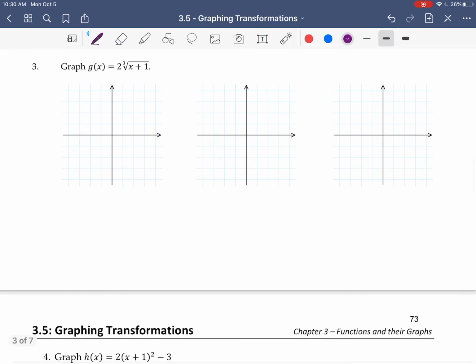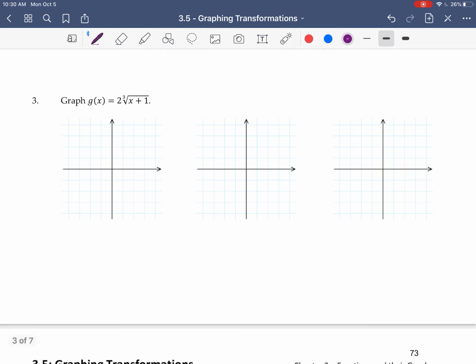But let's do one where we combine some operations here. Okay, so now notice that this one is the cube root function being shifted. So we're going to start with f of x is equal to the cube root of x. For that one, it looks something like that.